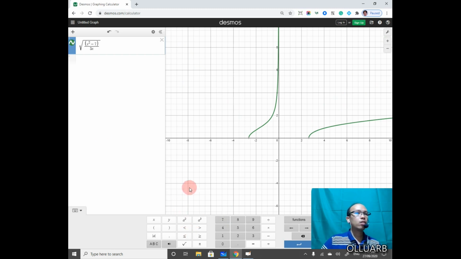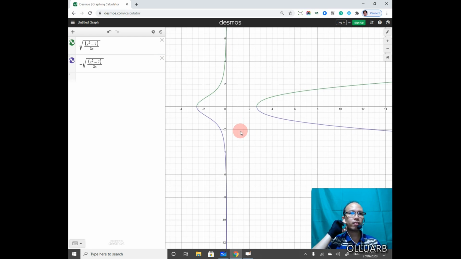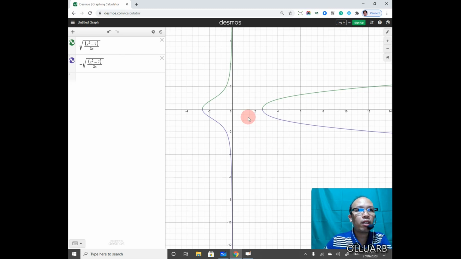Okay, so copy it again, and let's have a negative sign here, a minus sign. Okay, this is the graph. Notice that our range is all values. Okay, so again, this is just the case in number 4.